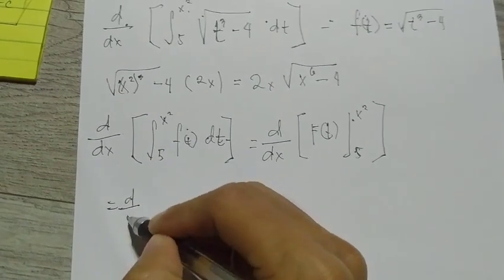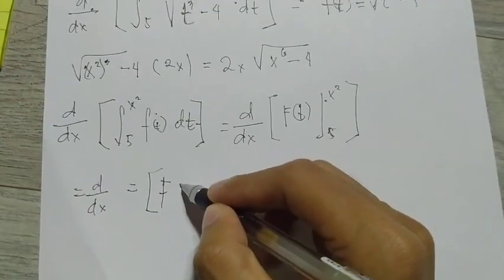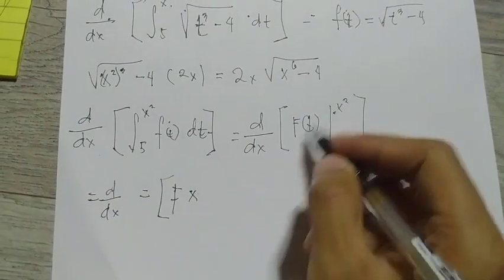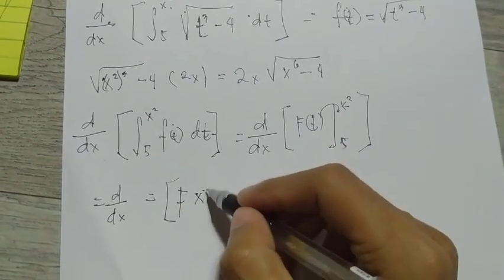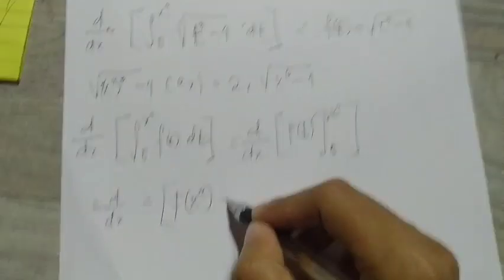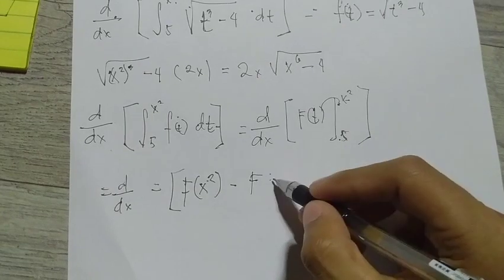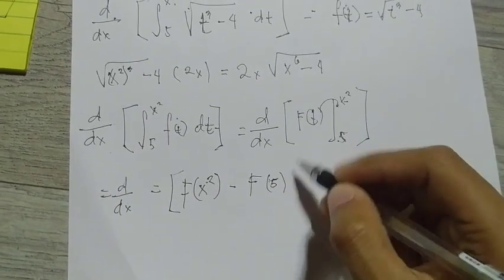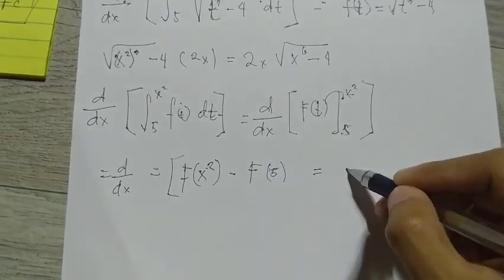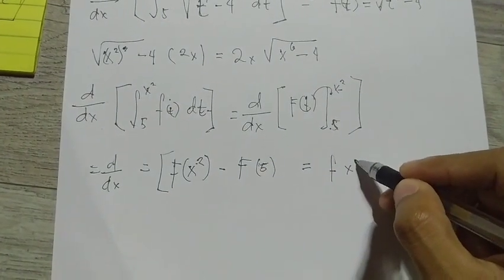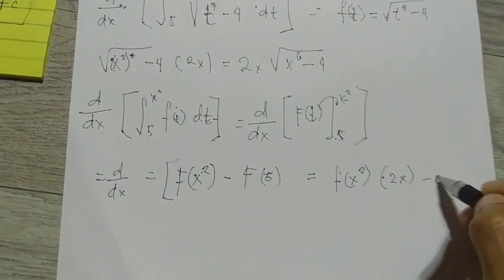So substitute x squared, so f(x squared) times 2x, minus the value at t equals 5, which is minus 0.